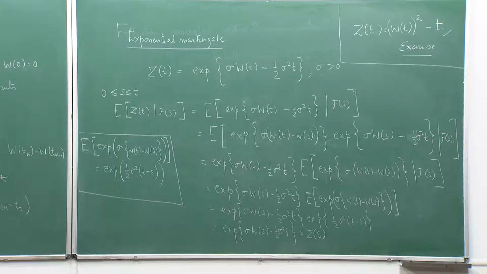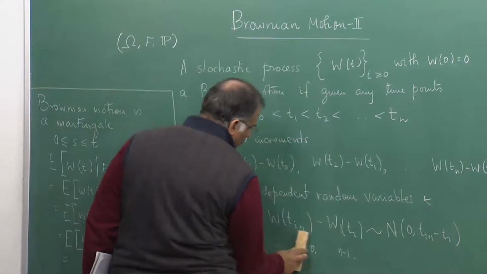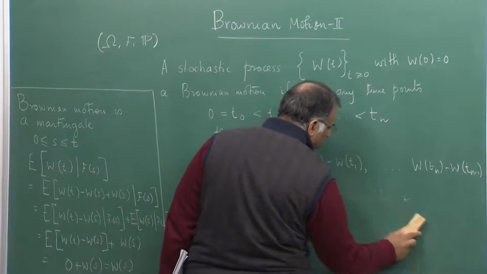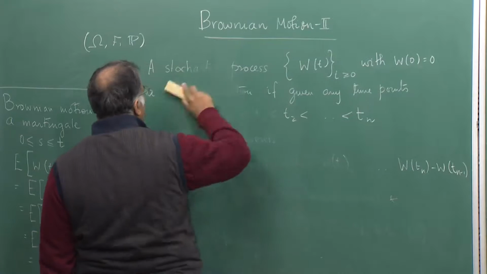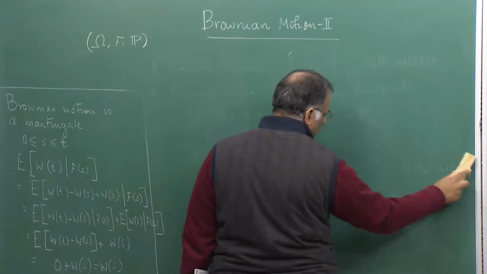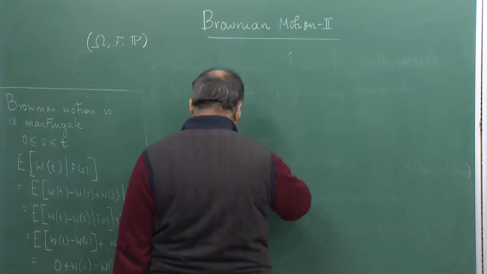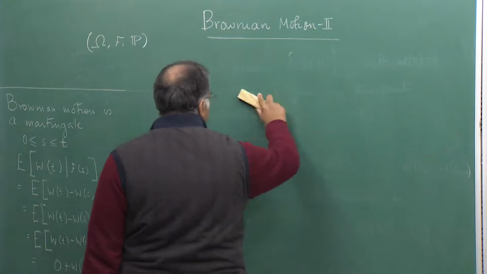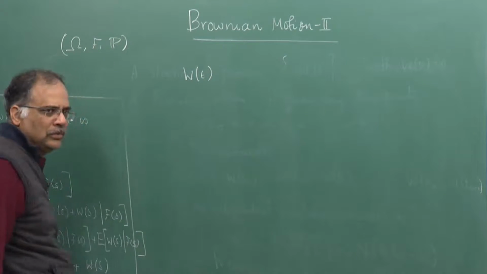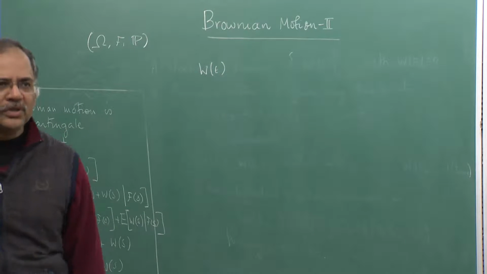Now, we will talk about how to compute the joint probability of a Brownian motion at certain given time points. If you take Wt at any t, what is the distribution of this random variable?